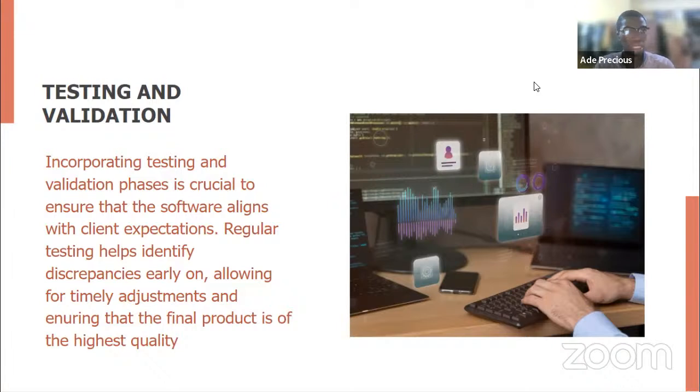So testing and validation is crucial to ensuring that the software aligns with client expectations. And regular testing helps identify issues, discrepancies, or you can call them bugs, allowing for timely adjustment and ensuring that the final product is of the highest quality.